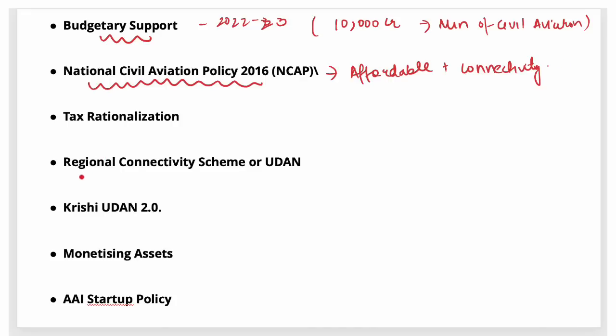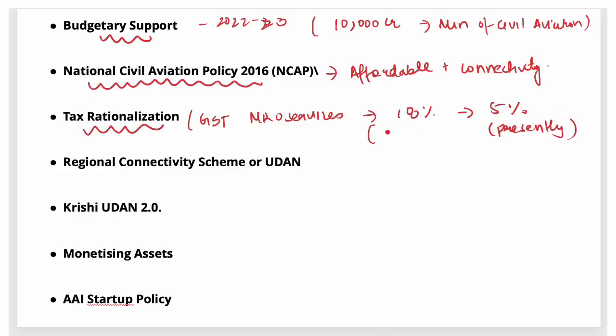Further, the government in recent times has also taken some tax rationalization efforts, wherein the GST, or goods and services tax, for MRO services has been reduced from 18% previously to 5% presently. So a tax rationalization exercise has also been taken by the government in recent times.